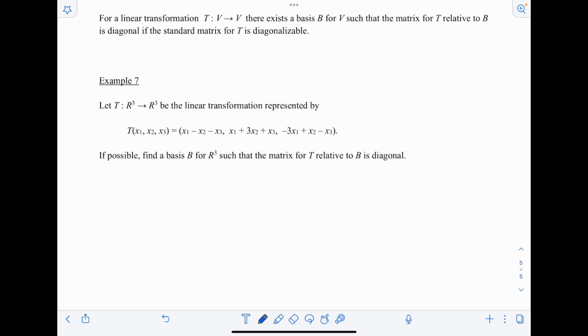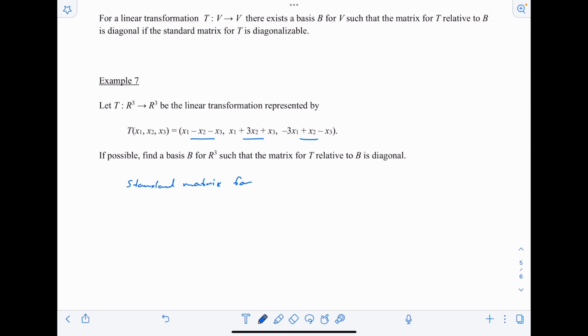Okay, so let's start by finding the standard matrix for T. And if you remember, this is where we take the rules for our transformation, and we simply create the matrix using the coefficients of those rules.